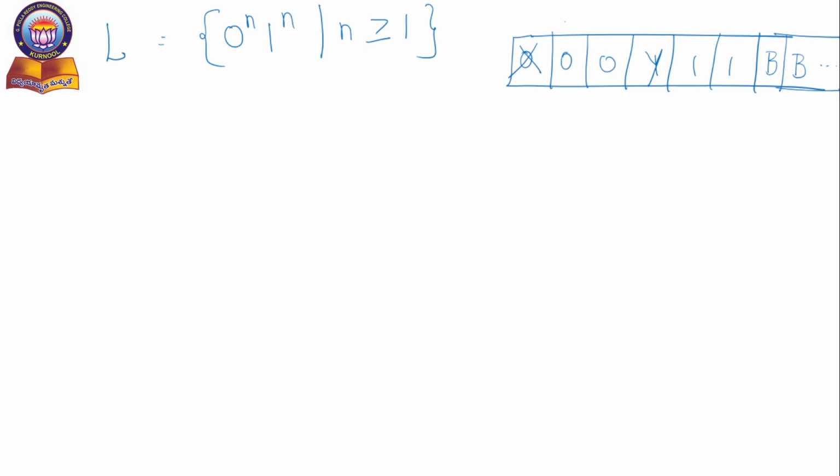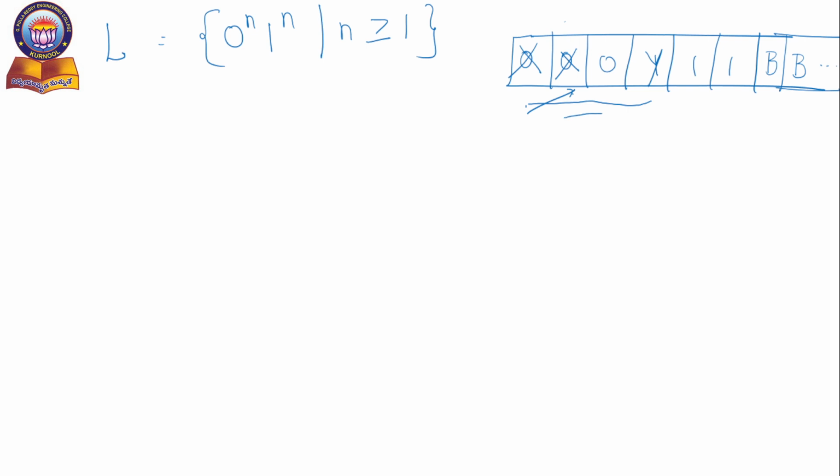Now after changing the 1 to y, move back over the y's as well as the zeros until x is encountered and move one cell towards the right. Then we will get the 0 again.